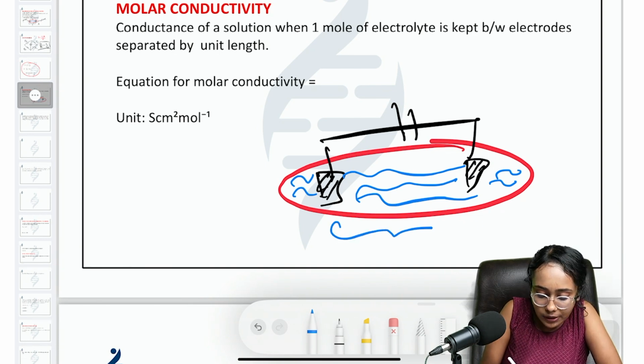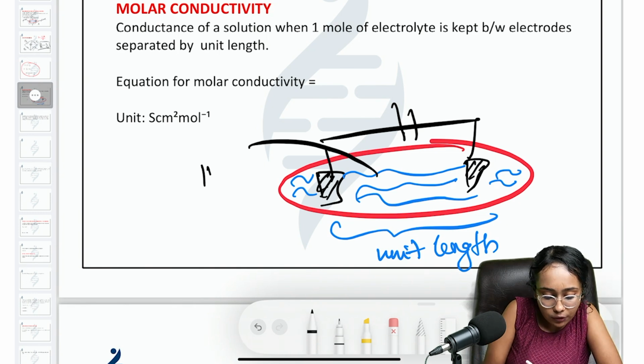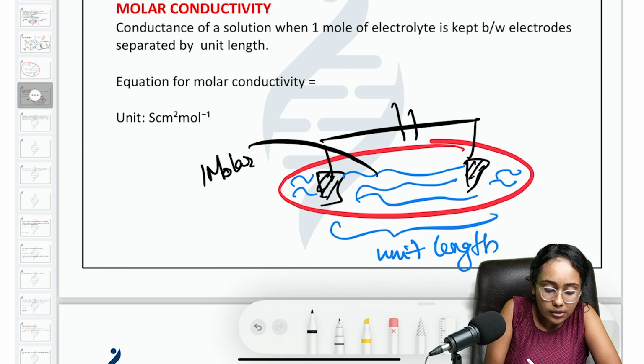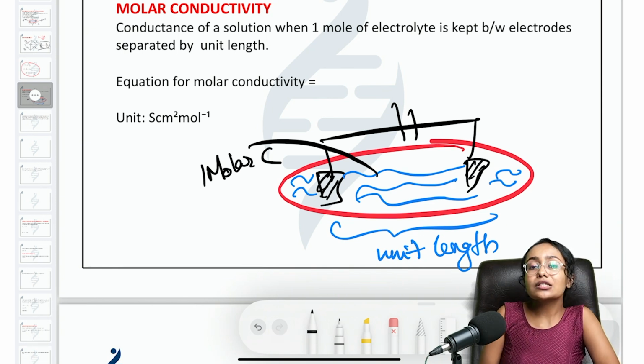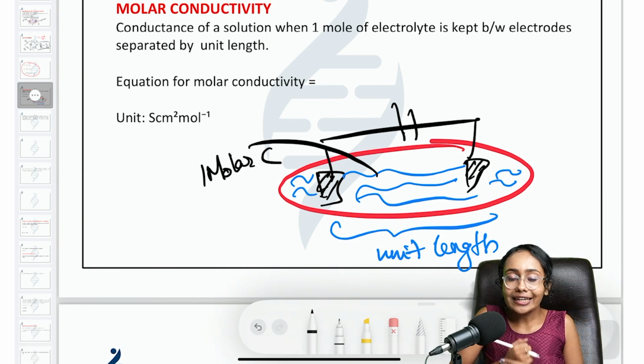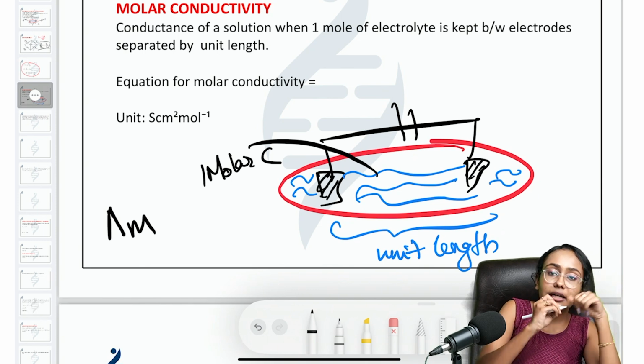The distance between the electrodes is considered to be unit length, and the solution is of 1 molar concentration. In such a situation, the conductivity is known as molar conductivity, lambda m.